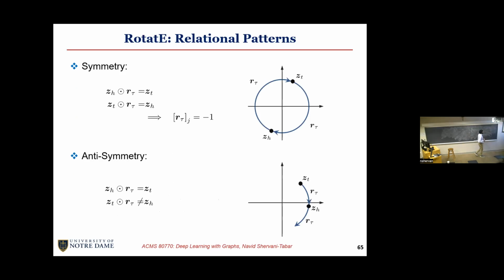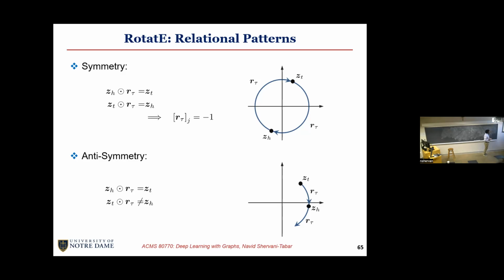And that's it. So now, all this said, we would like to see if we can represent different logical patterns using RotatE. First of all, we're going to look at the symmetry.